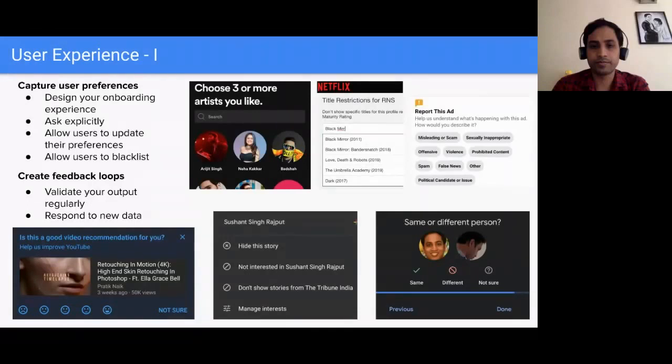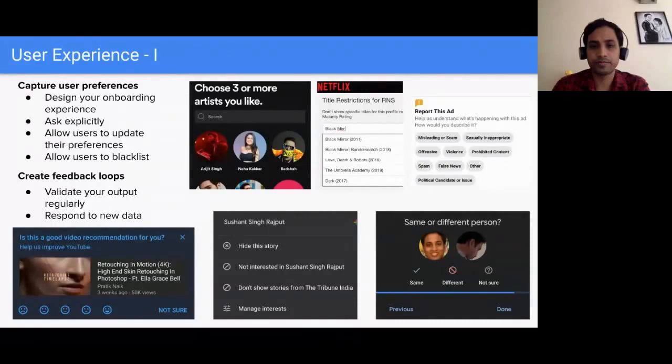Do you think it was a right recommendation? Did you like it? And if you select a bad thing, it will ask you why you did not like it. What was not right about it? So create those feedback loops, continuously get feedback from users so that you can tune your models and products accordingly. And second is, your data keeps changing, right? You have to respond to new data. And whenever the model doesn't have confidence, it needs to validate again.